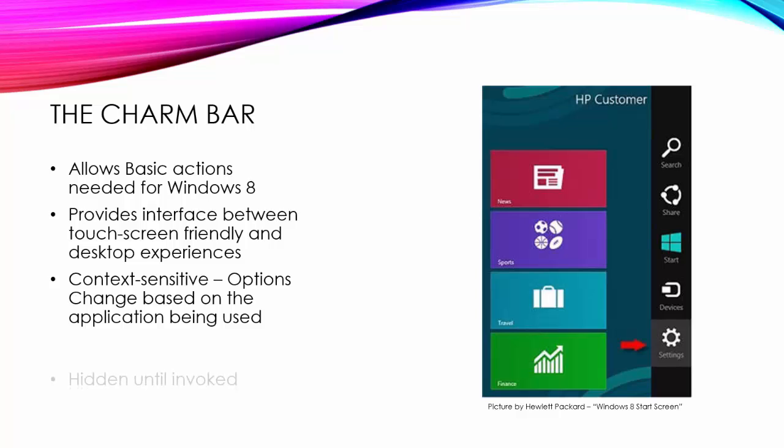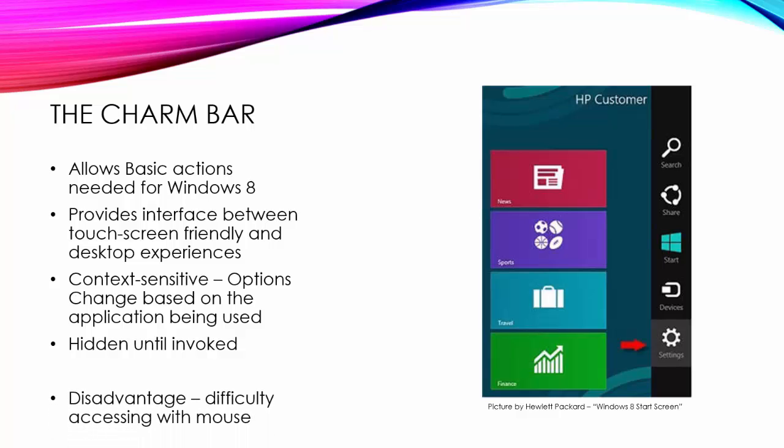One disadvantage is that it can be difficult to access or can be accessed accidentally with a mouse. This is really only a disadvantage on any non-touch enabled device because the Charms bar can be accessed with a swipe on tablets and portable devices.